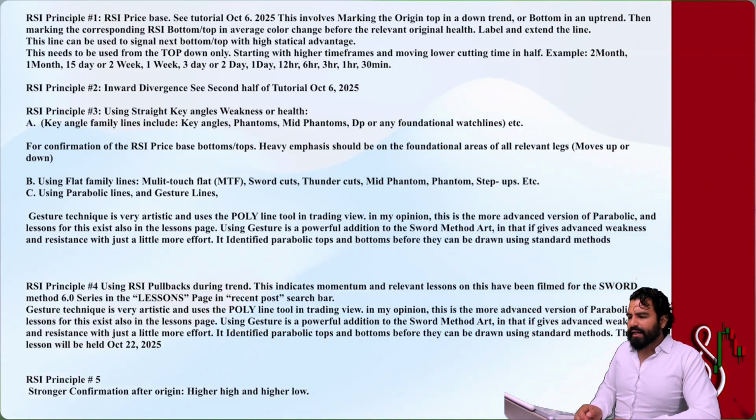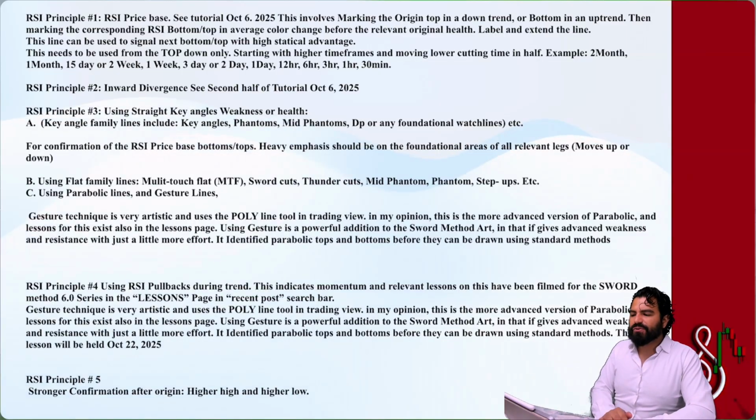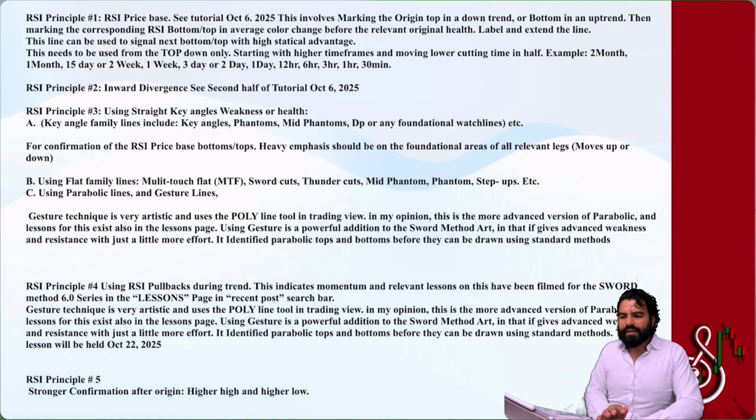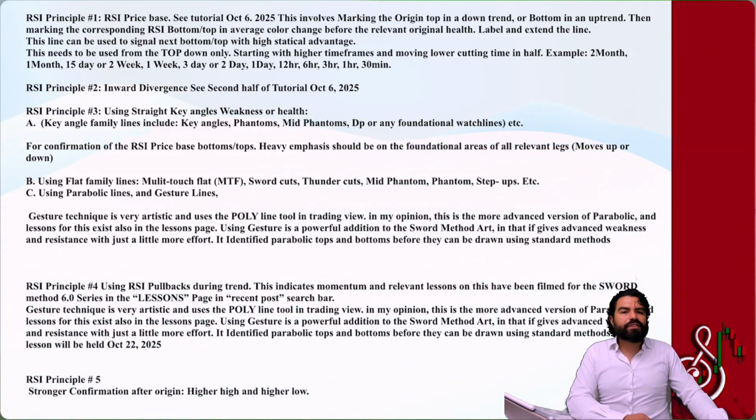Label and extend the line. This line can be used to signal the next top or next bottom with a high statistical advantage. This needs to be used from a top-down only perspective, so starting with higher time frames, such as 2 month, 1 month, 15-day, 2 week, 1 week, 3 day, 2 day, 1 day, 12 hour, 6 hour, 3 hour, 1 hour, 30 minutes, etc. Okay, so this is principle number 1.